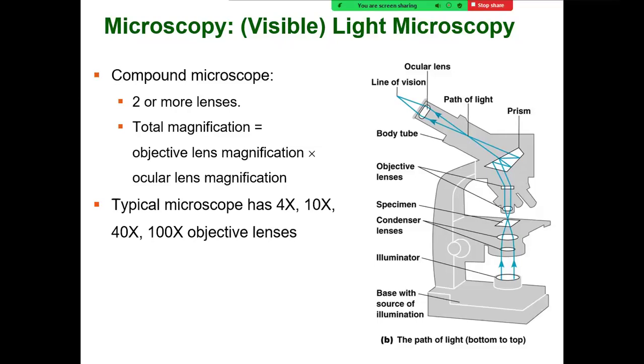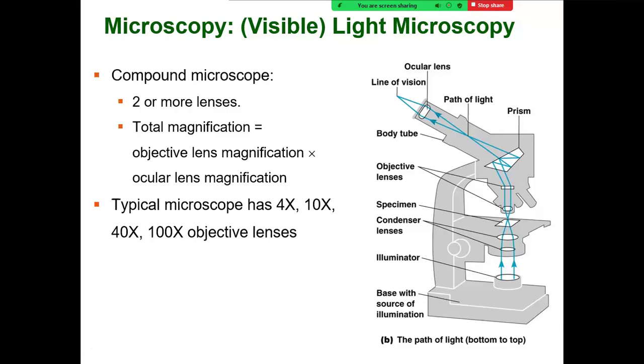All right, so this slide is showing you a light microscope, and it is a compound light microscope because it has two lenses to magnify the specimen. It has the objective lens here, which magnifies the specimen, and an ocular lens here that magnifies the specimen. The total magnification is the magnification of the objective lens times the magnification of the ocular lens.